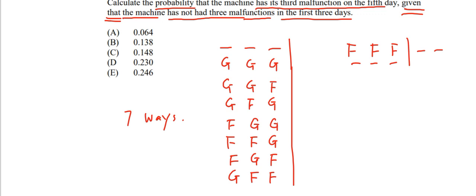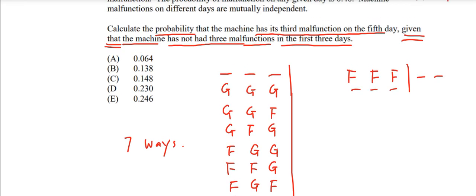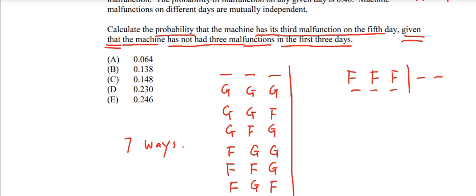Okay, so now let's check what is the probability we want to find. Under this condition, we want to find that the malfunction is on the 5th day. So here, 4th day, 5th day. If we put F here, this is not the case, right?